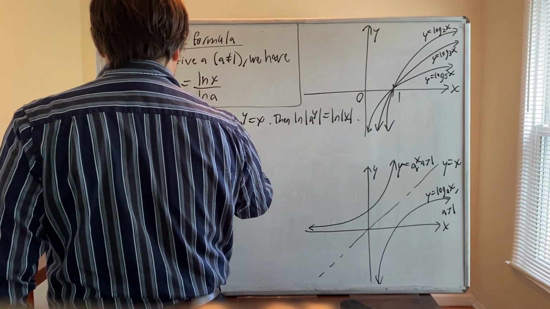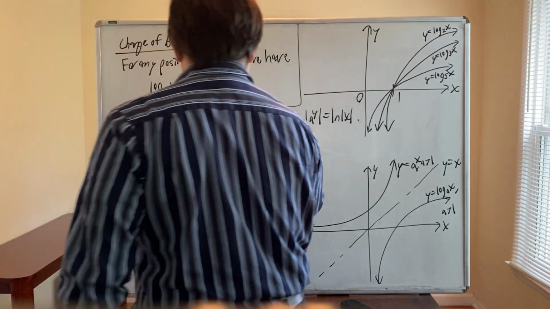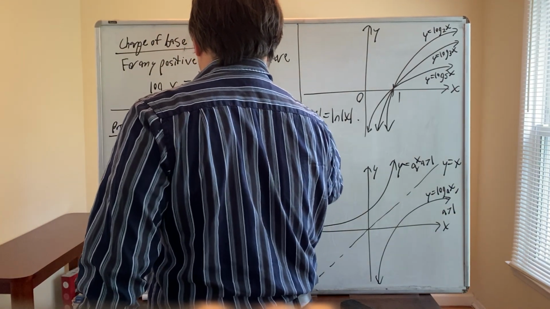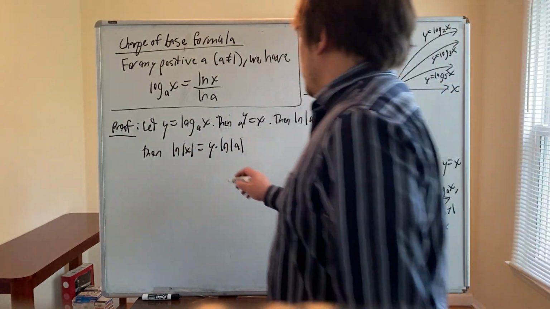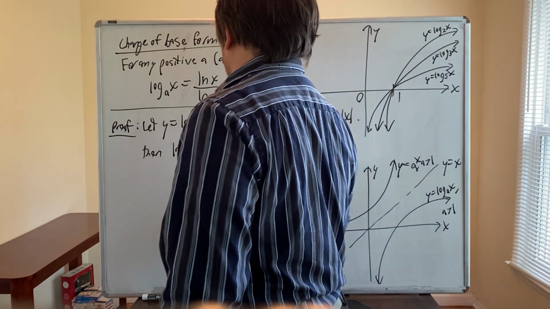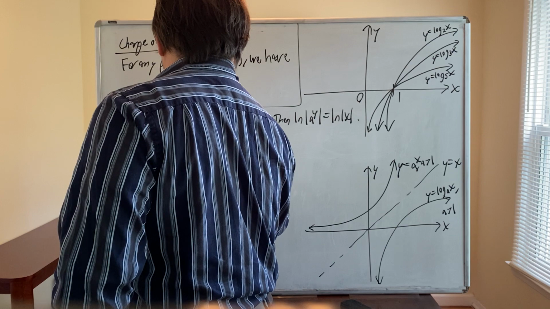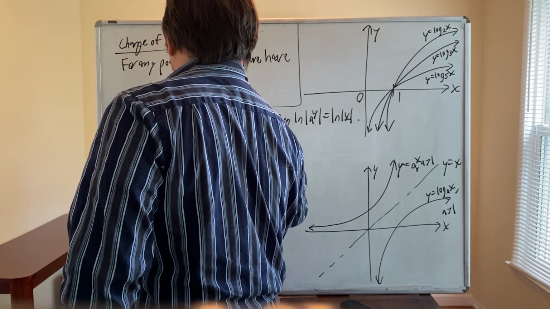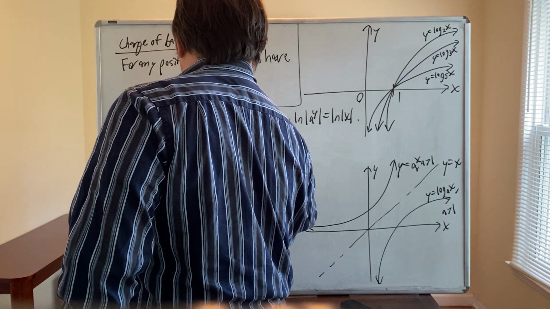Then ln of x is equal to y times ln of a by the third rule of logarithms. And so therefore, y is equal to ln of x over ln of a.